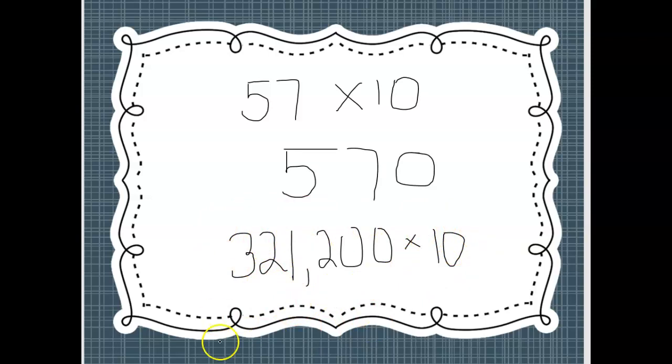What's 10 times larger than 321,200? It's going to be 3,212,000. That's it. 3,212,000. That's 321,200 times 10.